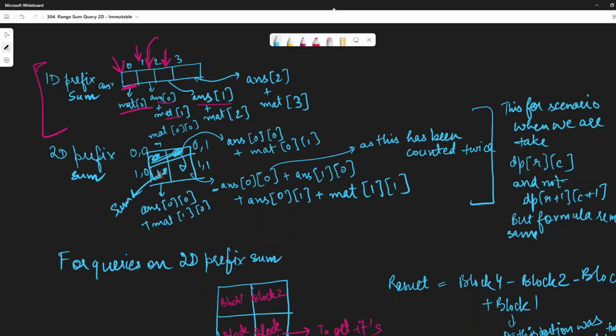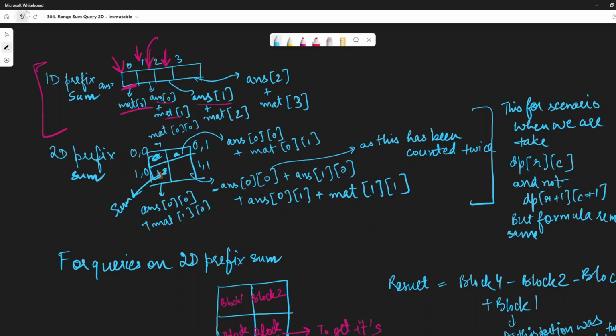But now you can see that this particular block has been counted twice, so we are required to subtract this one. So that's why we are subtracting that previous 0, 0 block, then adding this one, basically the lower one, and then this one, and then whatever is required to be at that particular position, we are adding that.